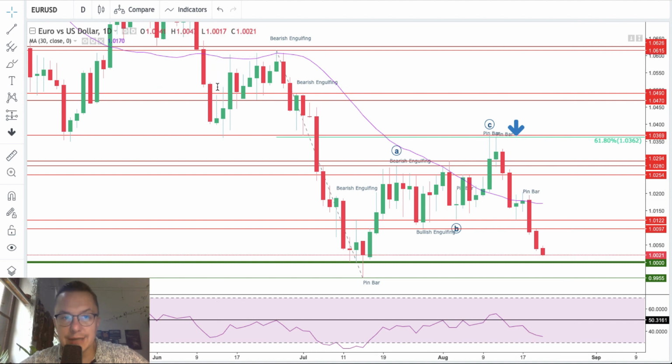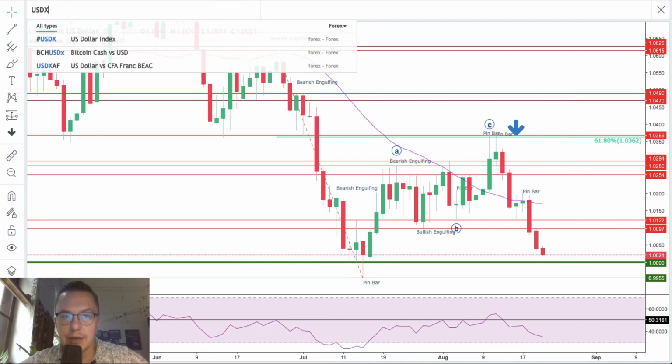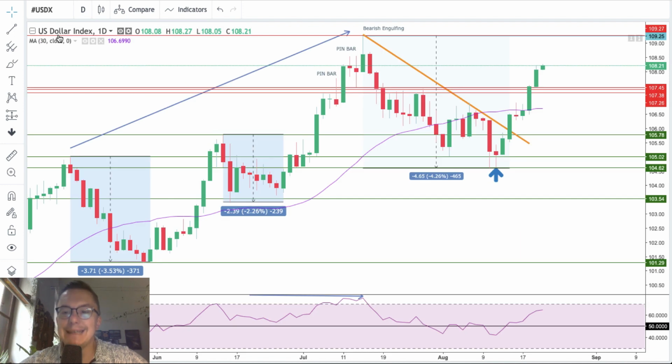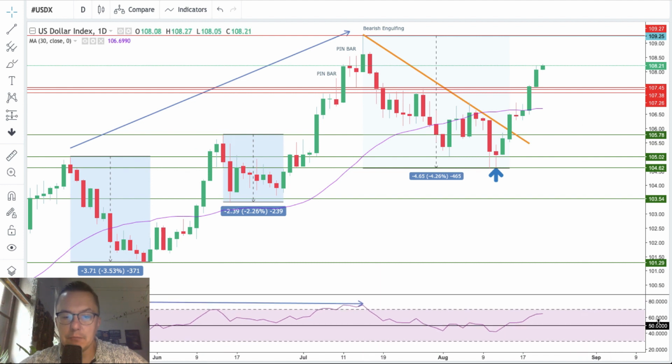So if the euro dollar is under the bearish pressure, what is going on the US dollar index? Does it rally? Yes, it rallies. We have a minus 4.26% correction, right? That was the biggest correction during the uptrend. We have, as you remember, multiple bearish divergences.